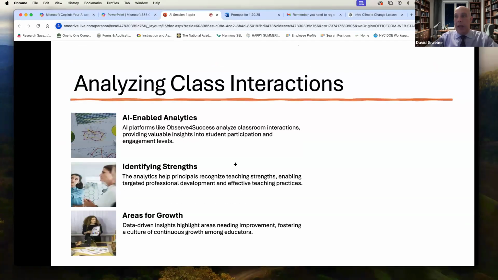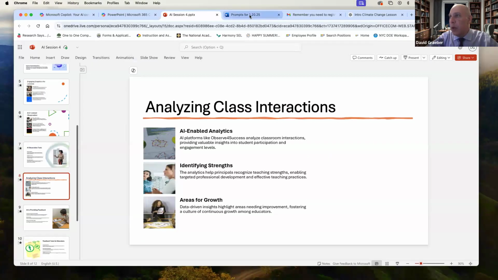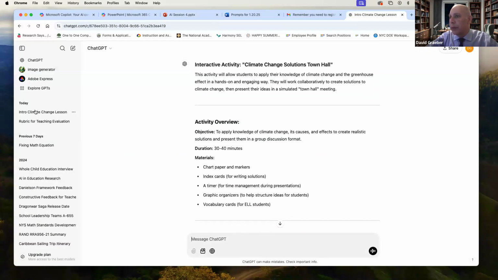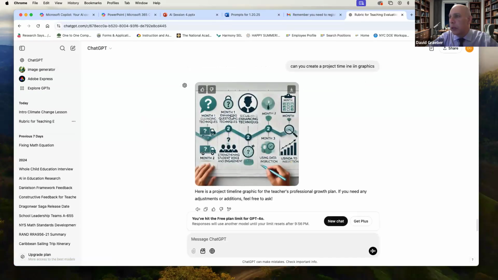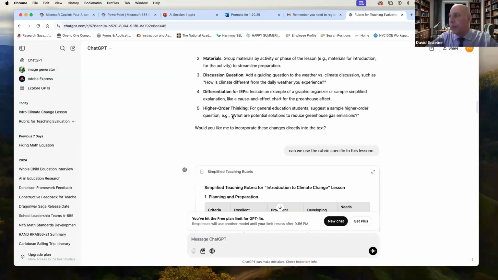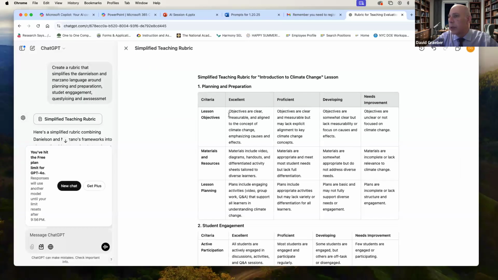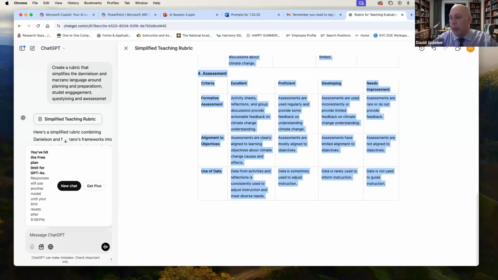So we're going to hop back out now and go back into the chatbot. Remember we've got this rubric, so we'll go back to the rubric. I'm going to copy this rubric and paste it over here.